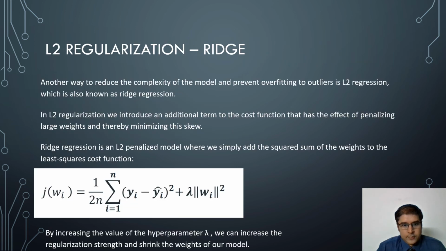Now we discuss another type of regularization, which is ridge regularization or L2 regularization. Another way to reduce the complexity of the model and prevent overfitting to outliers is L2 regression, also known as ridge regression. Now, what is meant by this?